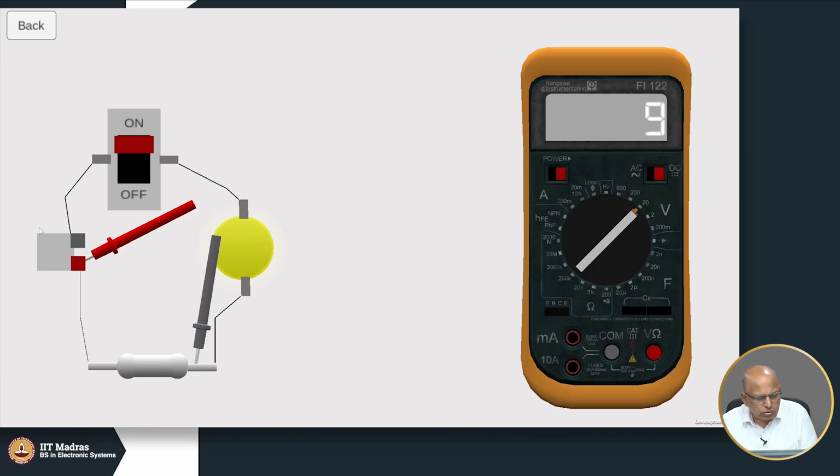So, the 12-volt battery, 3 volts across the LED and 9 volts across the resistance. So, you get to see the voltage across each. That is the experiment.